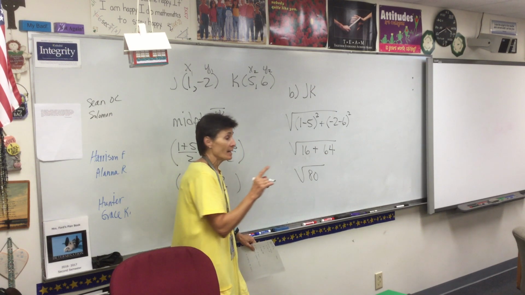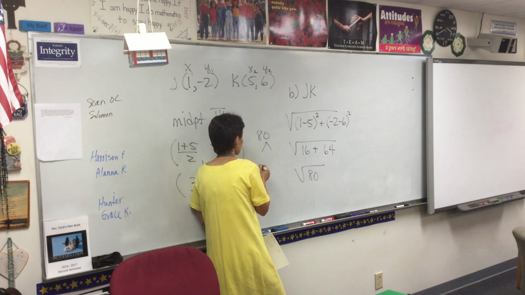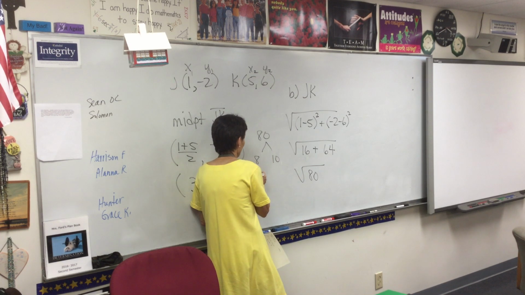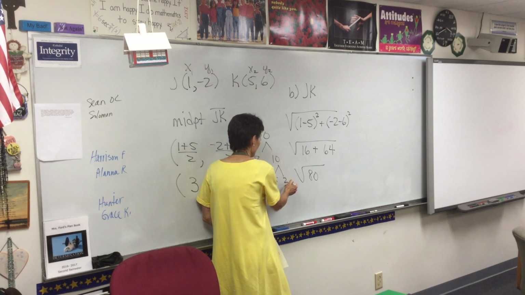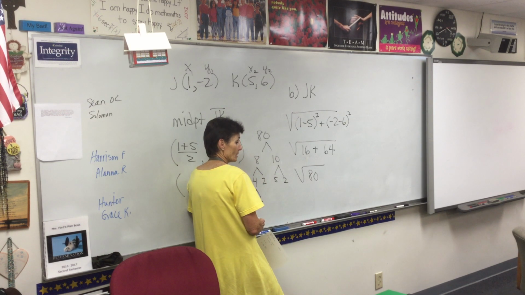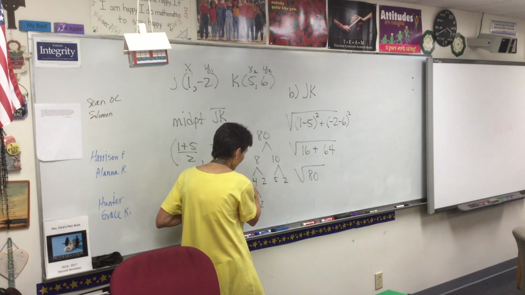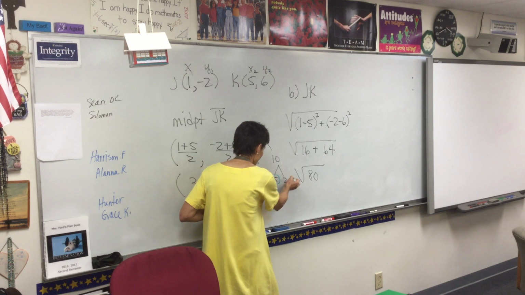And some of us, come on now, we got to get this figured out. Some of us are still struggling. It's 8 times 10, right? Which is 4 times 2 and 5 times 2 and 2 times 2. So the only numbers that I use, if I have broken it down, I don't use it. I use just the ones that are at the end of the stems.